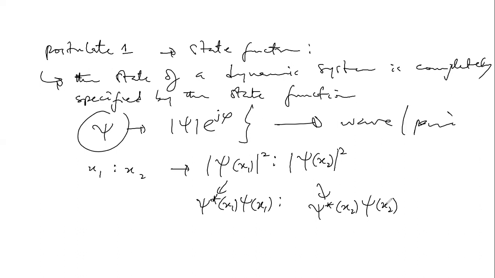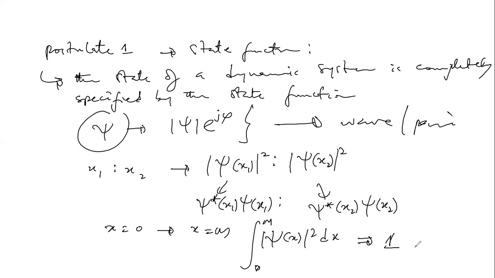And should it be established that only one particle exists in the spatial range, say from x equal to 0 to some value x equal to m, then the probability distribution function, psi of x squared, will be integrated over that spatial range between 0 and m. And since we already know it is one particle, then we are able to get the exact value of 1.